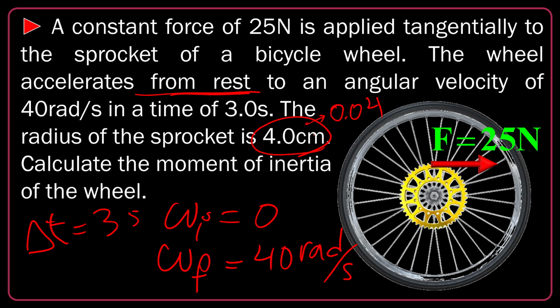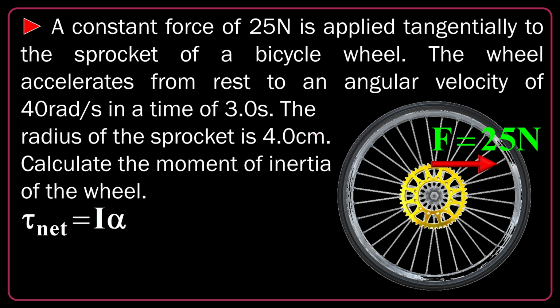Calculate the moment of inertia of the wheel. Moment of inertia is the brother of mass and is hidden in Newton's second law. Basically the net torque is equal to I times angular acceleration, and my target is I. I'm going to need a checkpoint on values to get this target I. I should have the net torque and I should have alpha to get my goal.